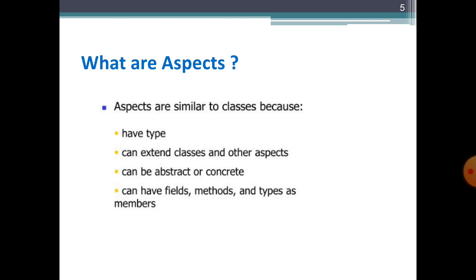So these are the things which are common among classes and aspects, but the two are similar, not the same. Object oriented limitations are discussed and overcome in this aspect oriented approach. So aspects also contain classes and methods as well.